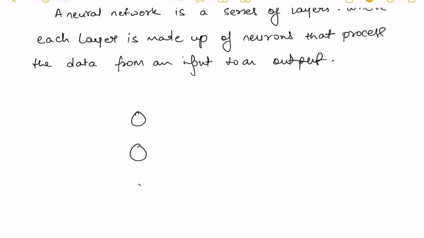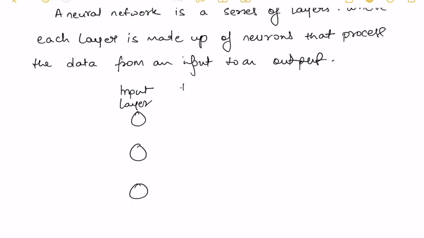So for example, the input layer, which is the first layer of a neural network, is always called the input layer because the input directly goes into this layer. Let's say it has three neurons, and then every intermediate layer, which is not the output layer or the input layer, is called a hidden layer.